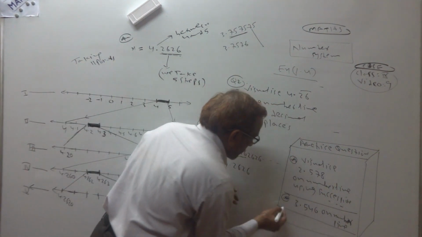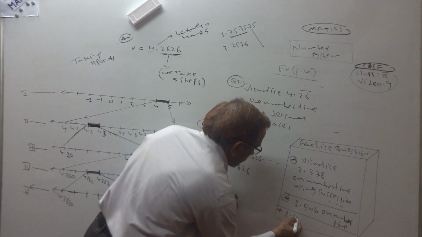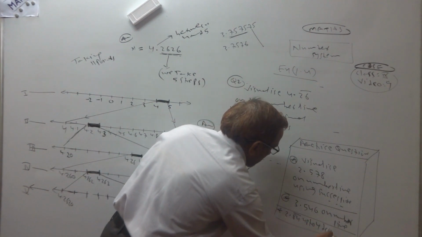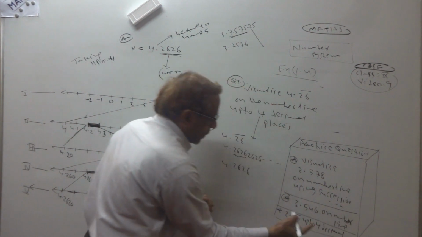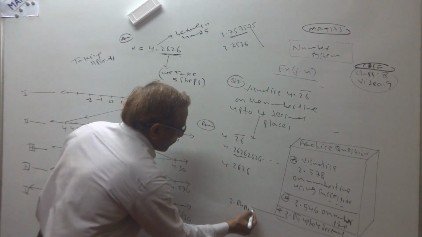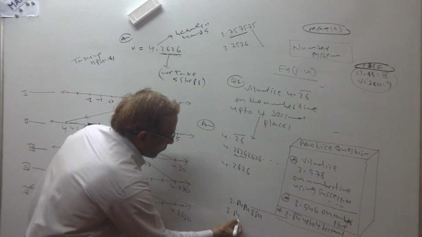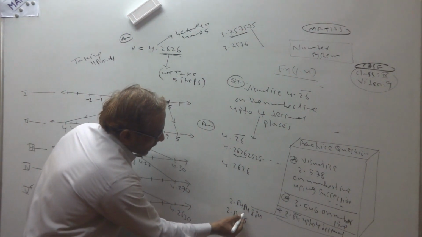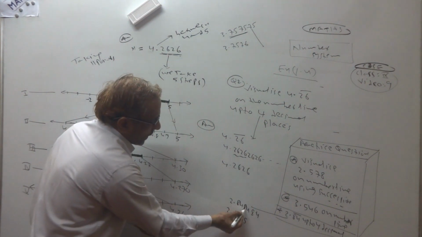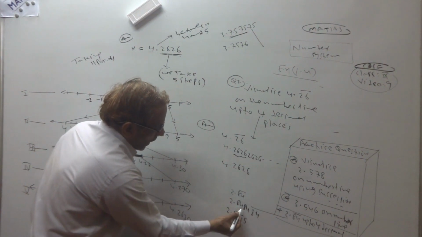I will add one more question for practice. Question 2: 2.84 bar up to 4 decimal places. What you do in this question: for 2.84 bar, 84, 84, 84, you should take 4 places.